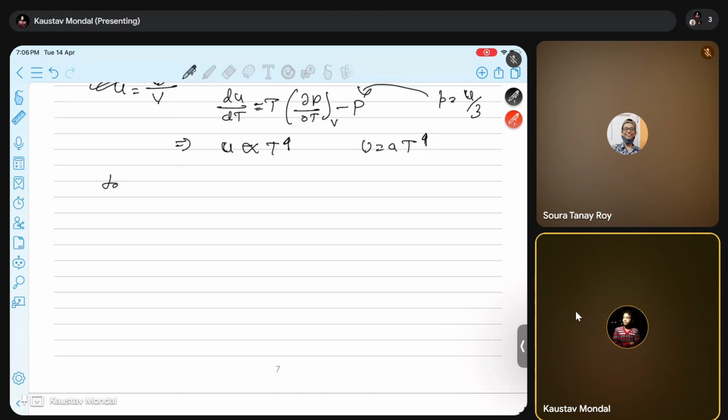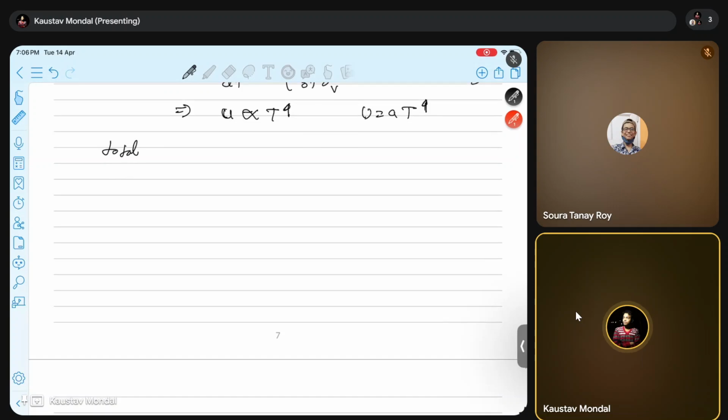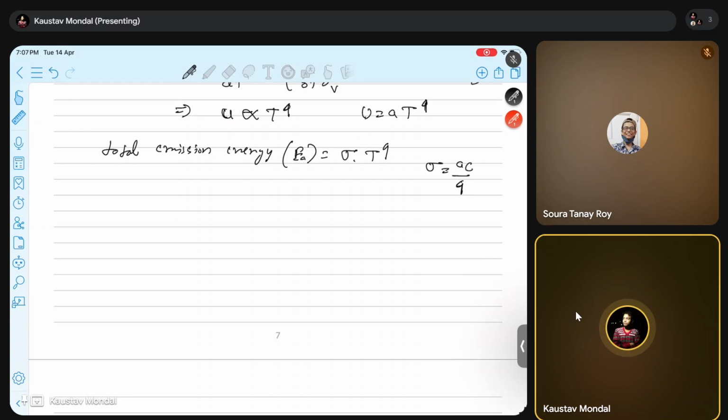You just have to integrate over all possible wavelengths. So the total emission energy is given by E equals sigma into T to the power 4, where sigma is nothing but ac by 4, and c is the speed of the radiation.